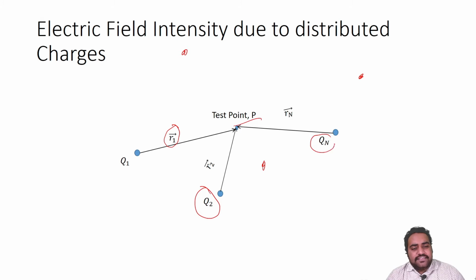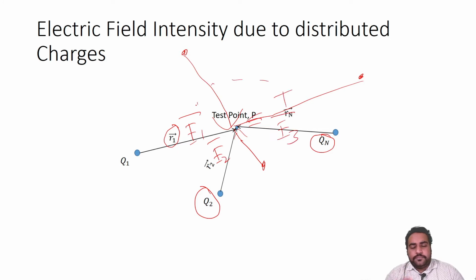Rn bar is the line joining the nth charge to the test point. Similarly, I may have R3 bar, R4 bar, R5 bar, and so on. So the net electric field intensity would be E1 bar plus E2 bar plus E3 bar, and so on. The sum, the vector sum, would give me the final electric field intensity.